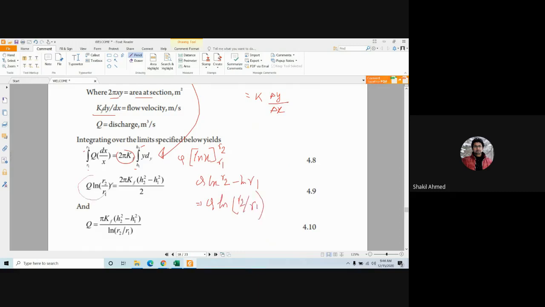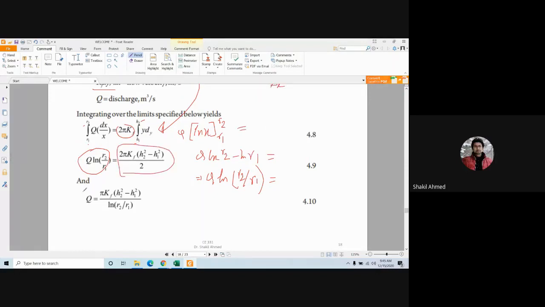Am I right? Similarly, on the right hand side, this is y square by 2, and with the limit, h2 square minus h1 square by 2. Is it clear for everyone? Yes, sir.